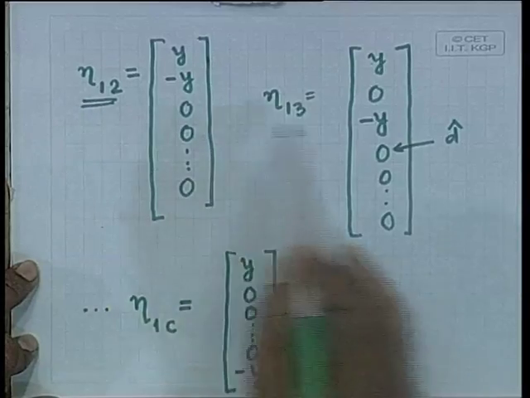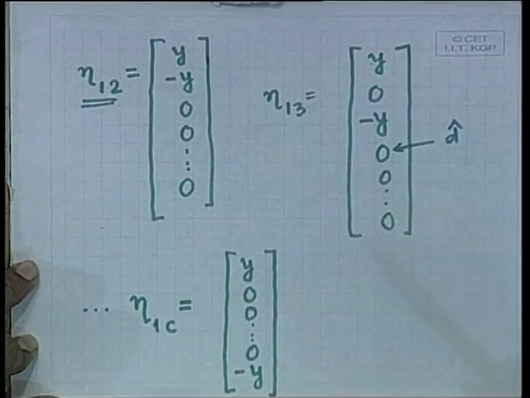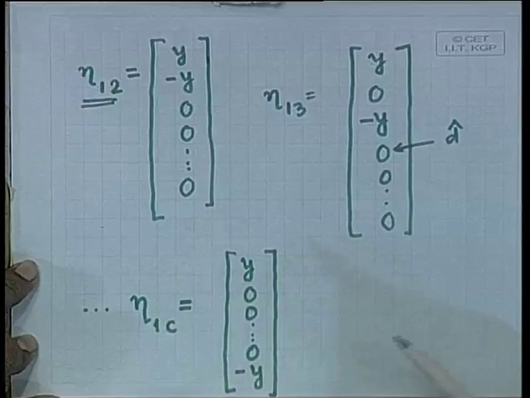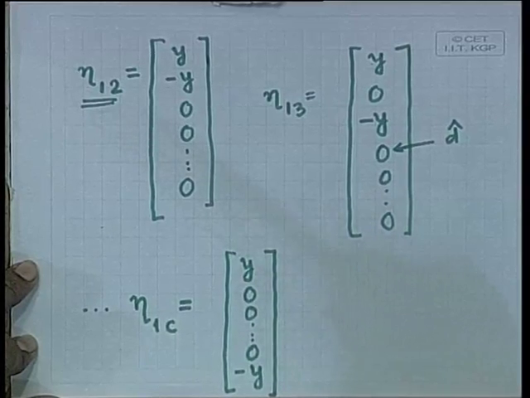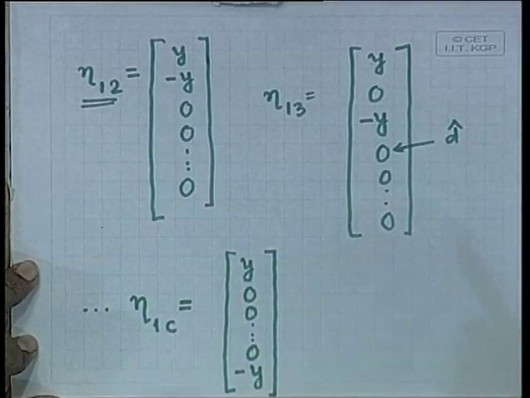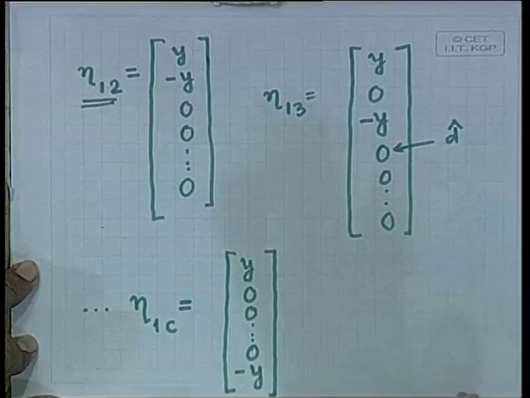For every feature vector y, I am generating C minus 1 number of feature vectors, where the dimensionality of each of these feature vectors is also incremented by a factor C. Initially, vector y is of dimension d hat. Now, each of them is of dimension C into d hat.